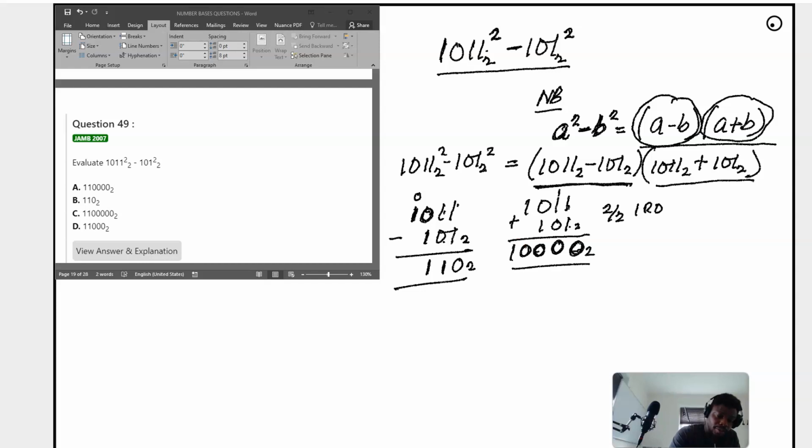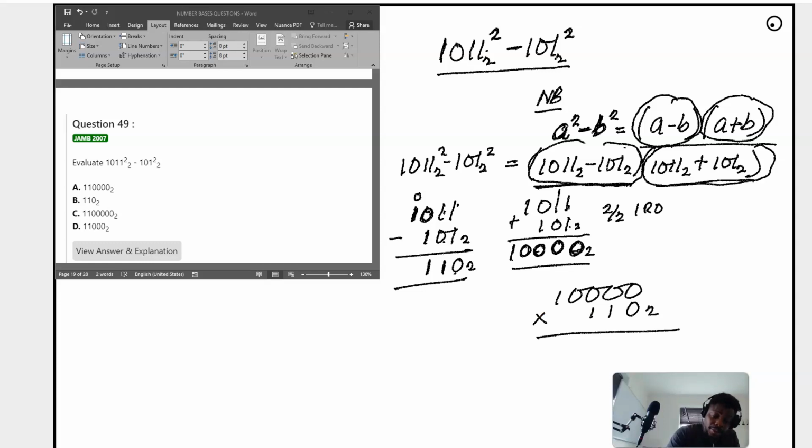That is the addition. Now it says that we have to multiply this one with this one. The answer we got for this one is 1101, while the answer we got for this one is 10000 base 2. So I'll say 10000 is multiplying 110 in base 2.